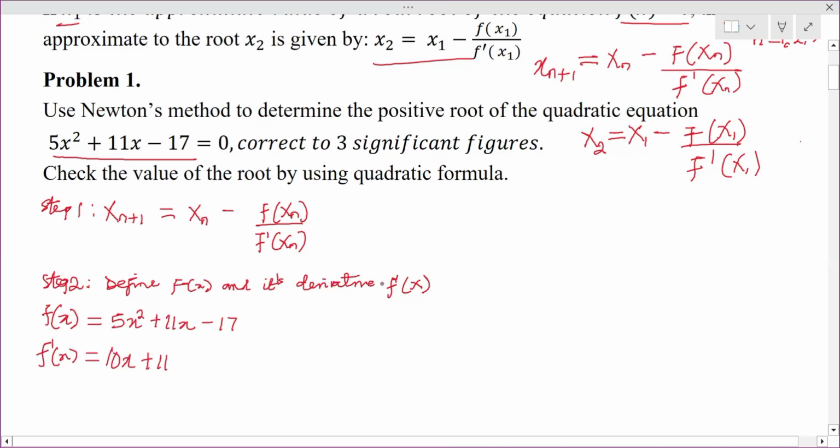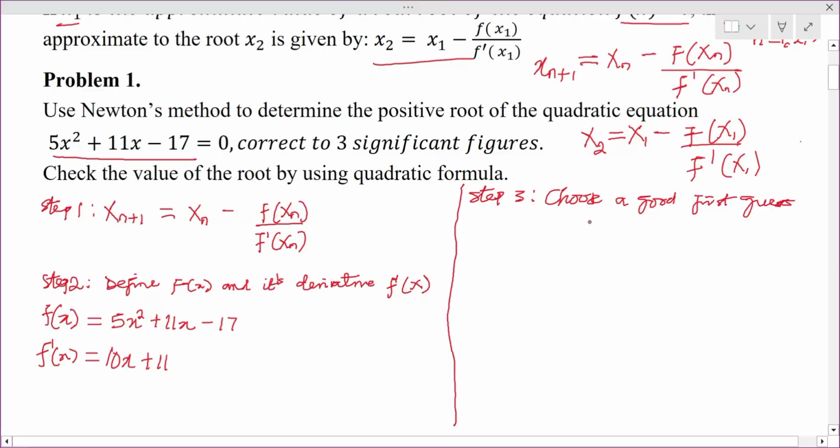Then, when you are done with that, the next thing to do is step 3. Step 3 now is to choose a good first guess.